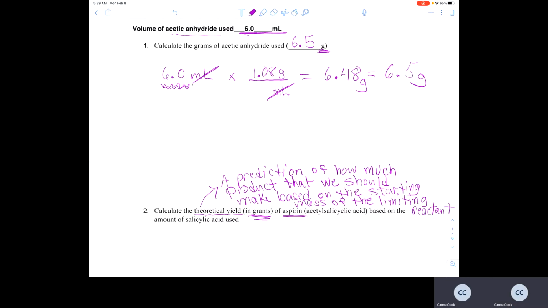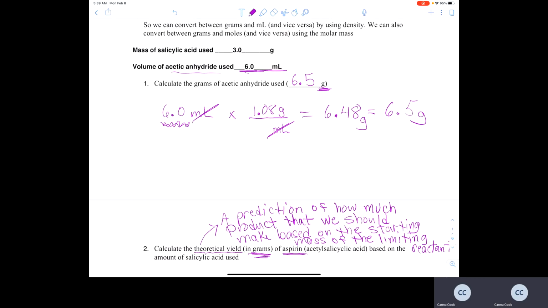So the next question you have to ask yourself, well, okay, in order to calculate the theoretical yield of my aspirin, how much aspirin should I make if I use 3 grams of salicylic acid and 6 milliliters, which is equivalent to 6.5 grams of acetic anhydride? How much aspirin should we be producing?